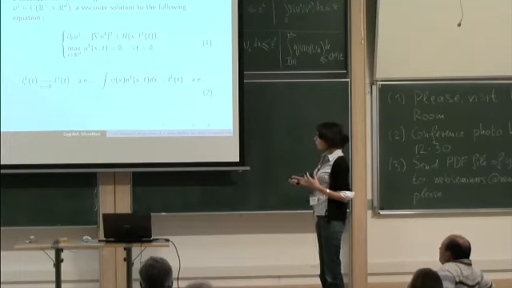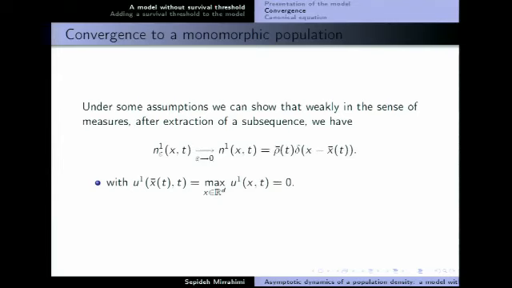And using this Hamilton-Jacobi equation and under some additional assumptions, we can show that weakly in the sense of measures, n epsilon converges to a single Dirac mass. And this single Dirac mass is concentrated in a point that is a maximum point of u and it is a 0 point of u.